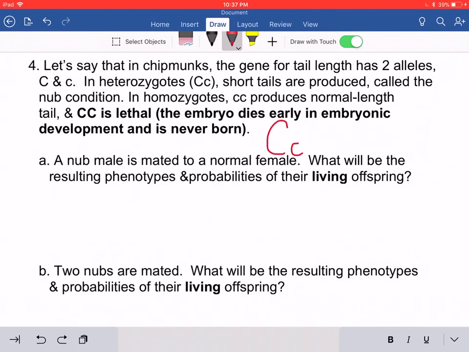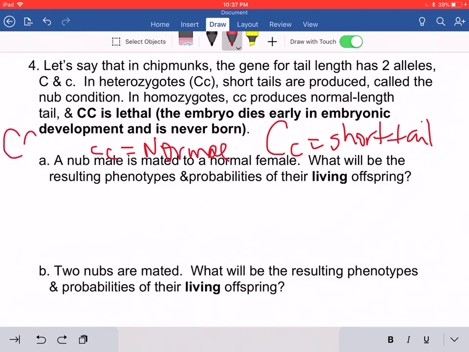So we know that this is going to equal short tail. In homozygotes, little c produces normal length. So little c is going to be normal. Big C is going to be lethal. That is, the embryo is not even going to be born.